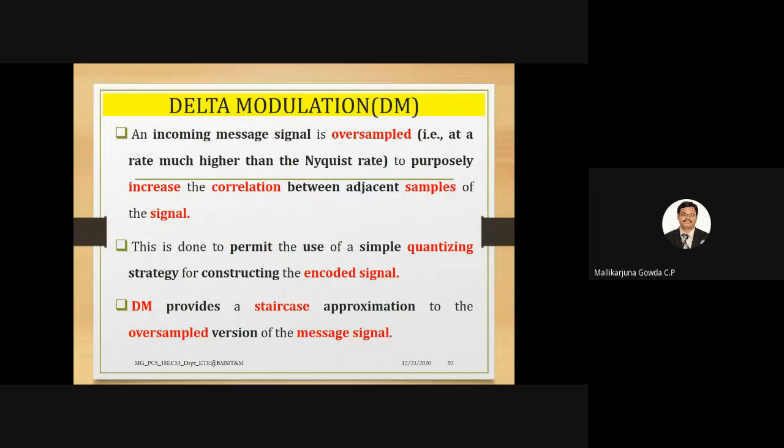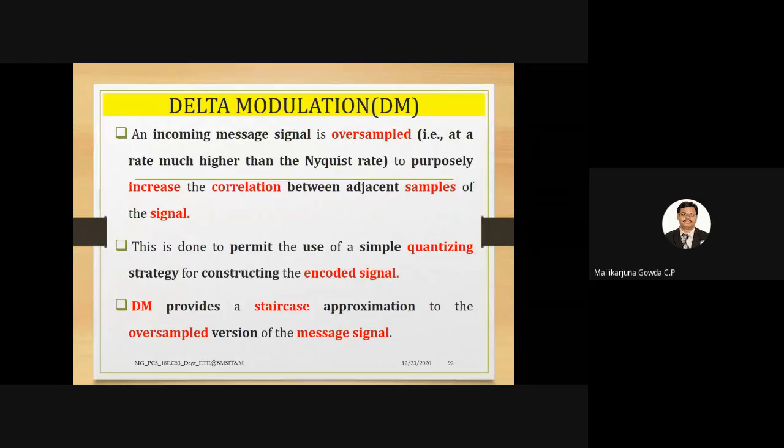So far we have discussed PCM, right? Pulse code modulation. The drawback of PCM is that it requires more bandwidth as the number of bits used to represent the signal increases, meaning as the number of quantization levels increases, we need more bandwidth.